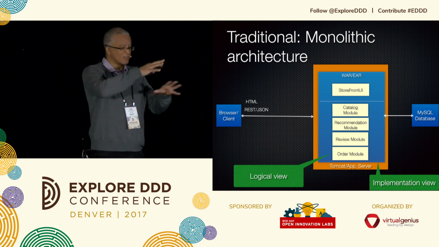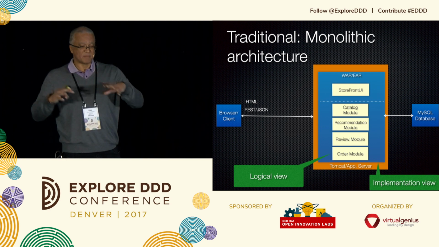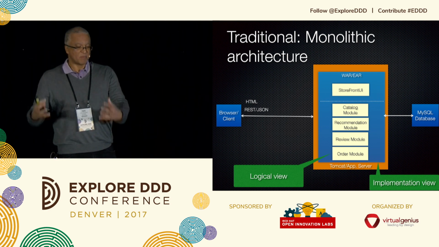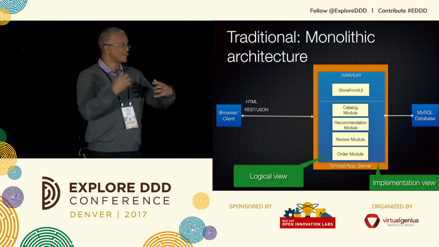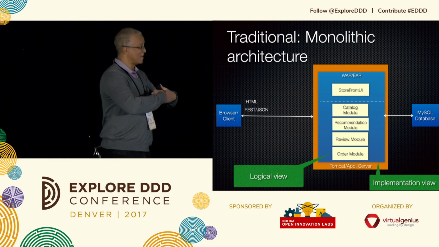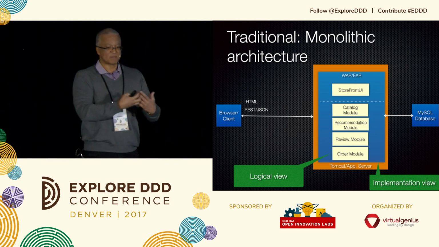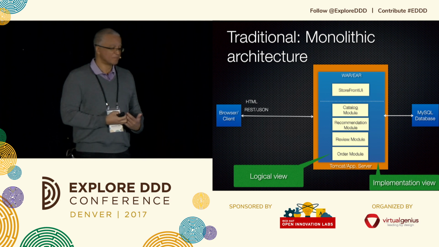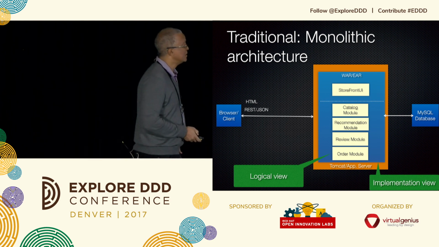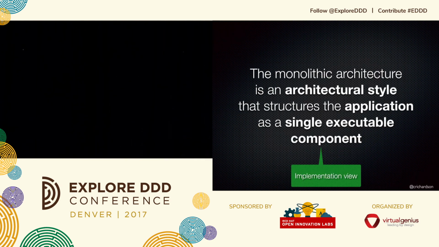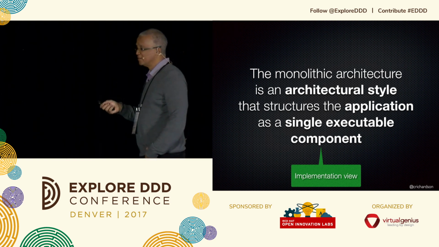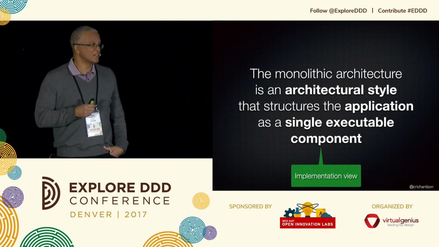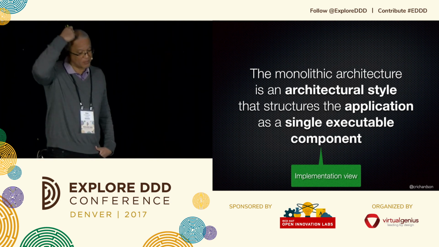So we've gone from this logically modular and layered system into just this monolithic system at runtime, or actually the result of the build is this one artifact. So that leads to the definition of what is the monolithic architecture. It's an architectural style that structures an application as a single executable component.